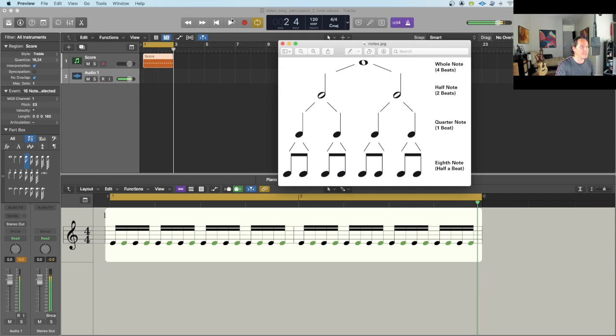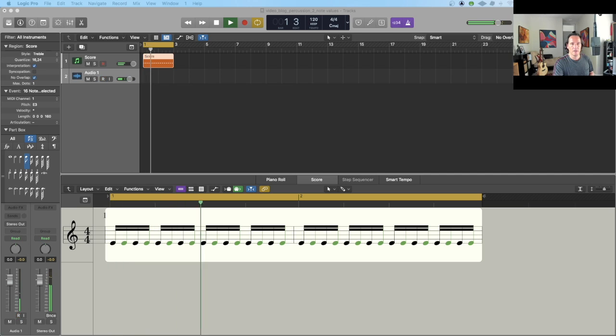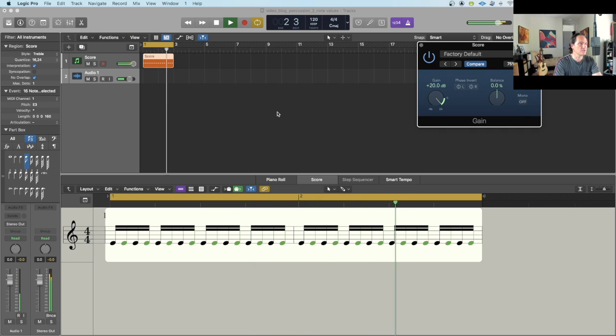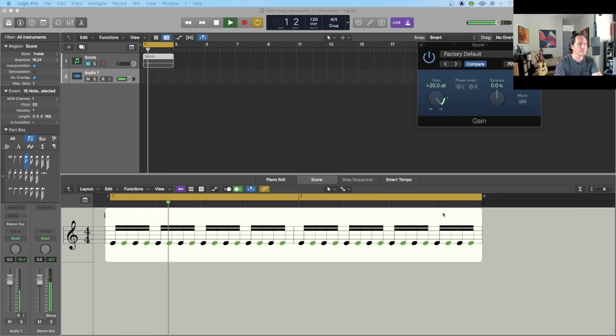So if we were to play this, I want you to listen to the click in the background, the tick, tock, tick. So let me turn off the piano for a second. Believe it or not, that's a piano. So that's the click.